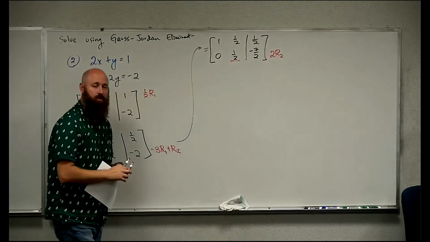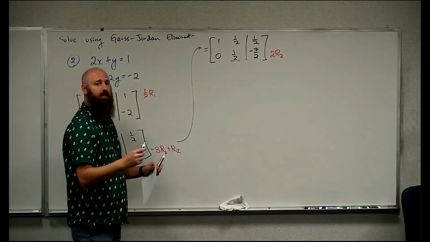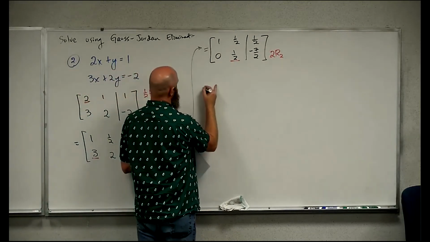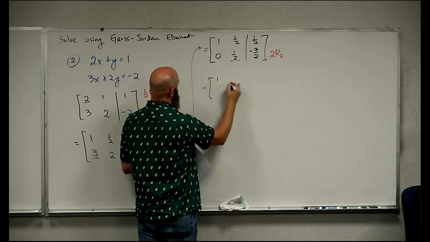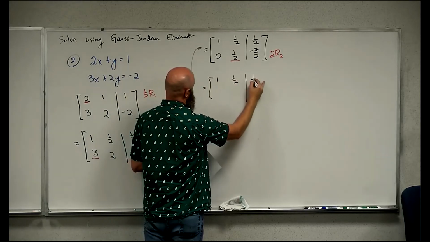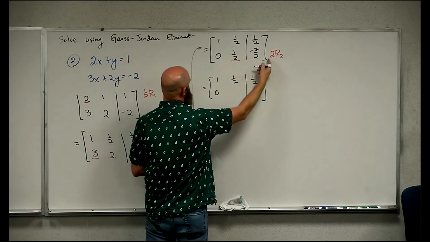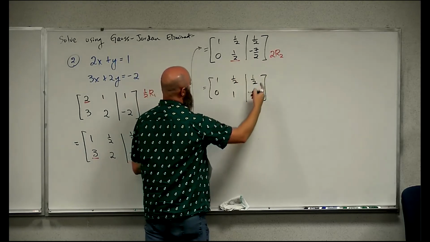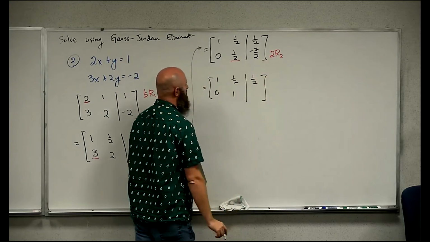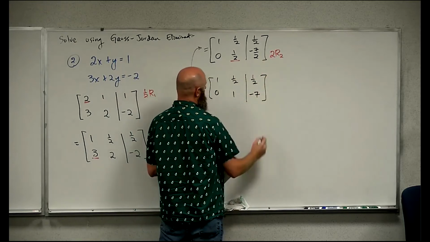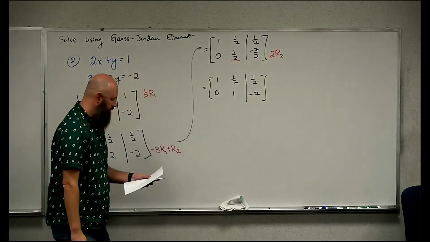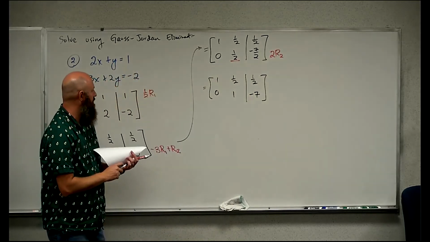If we do that, that's going to negate that fraction. Our top still is not changed. 2 times 0 is 0. 2 times 1/2 is 1. 2 times -7/2 is -7. So we're getting closer.